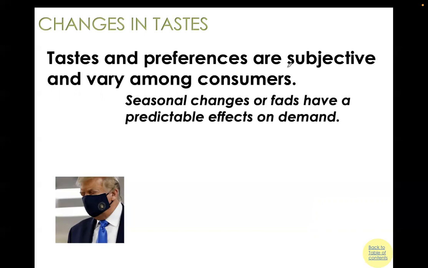Seasonal change or phase have a predictable effect on demand. Why? It's because when the season changes, your taste or your preference is going to change. That's why, for example, Costco usually has seasonal food or seasonal supply, right? Because they know that's the time you're going to demand those goods or services.